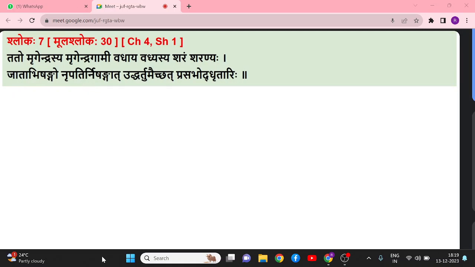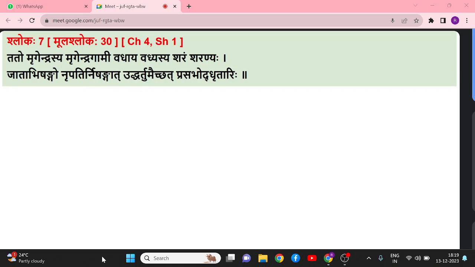Then nrupatir nishangat. Nrupatihi nishangat. Visarga refa sandhi. Nrupatihi samasta padam va. Nrupatihi. I think nrinampatihi, nrupanampatihi. That is also shashti tatpurusha samasa. Nrupatihi nishangat, refa. Next.